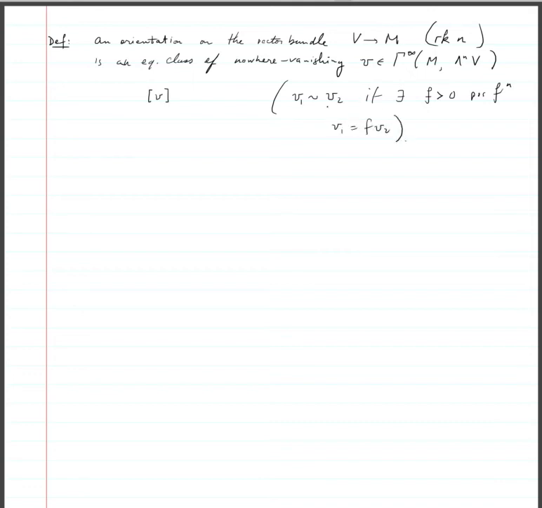So this is just a smooth version of the vector space definition that we had before.